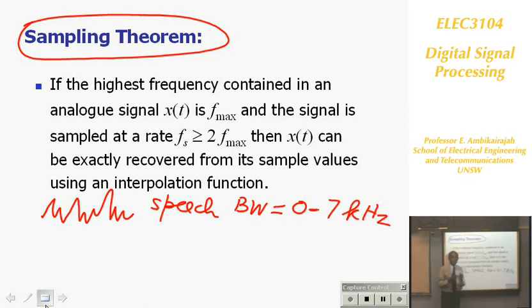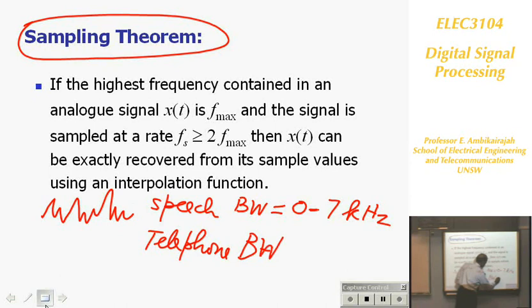That's what we normally get for one-to-one speech. If you say telephone speech, the bandwidth is 0 to 4 kilohertz. They remove the remaining 4 to 7 kilohertz, because the smaller the bandwidth, the better; you can compact a lot of stuff. We'll come back to that later on.